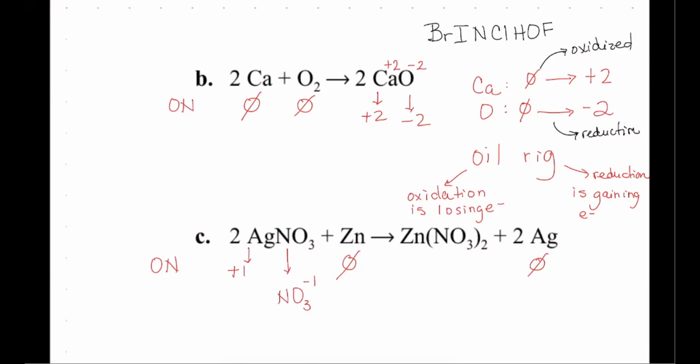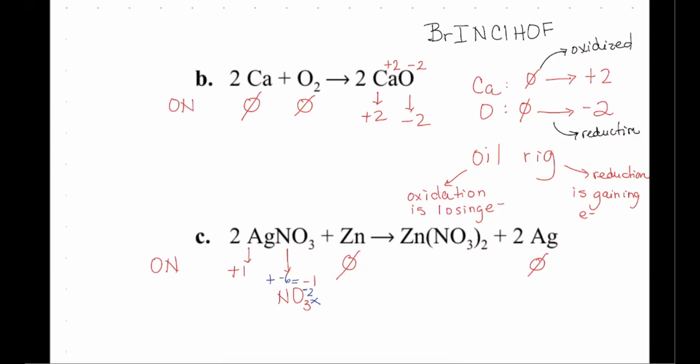Whenever you have a covalent compound, you need to give the second nonmetal its oxidation number. For oxygen it is -2, and you need to multiply it times the subscript. So what is the overall oxidation number of oxygen in NO3 minus? Great, -6.